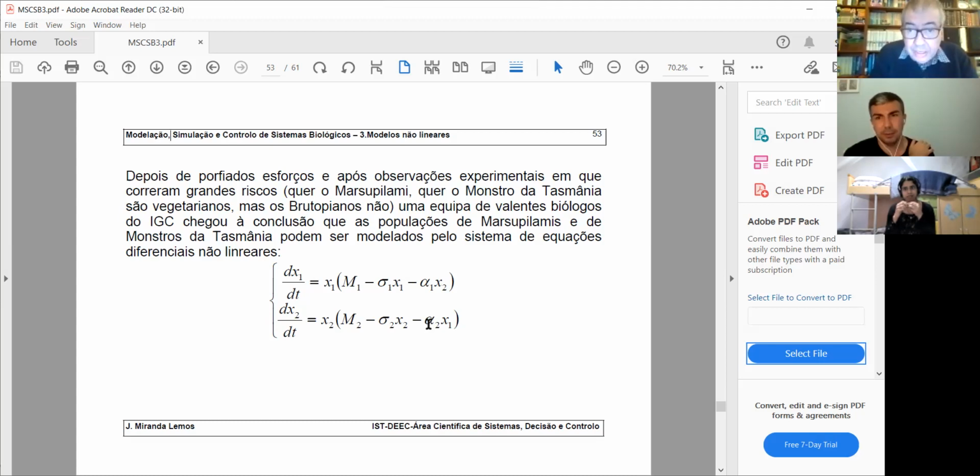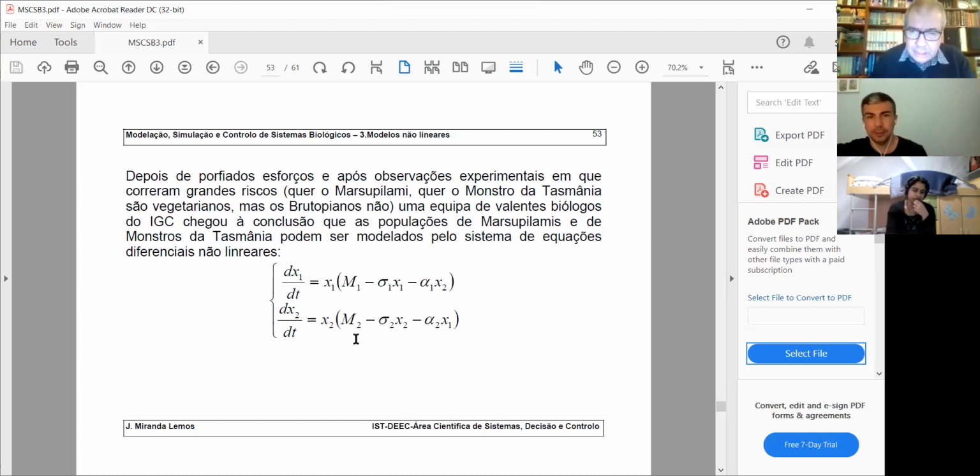The equilibrium would be 0, 0. Actually, is 0, 0 an equilibrium in these equations? I don't think so. What is 0, 0? X1 equal to 0, X2 equal to 0. Then what happens? Zero, of course, in this case, because you have 0 times something, this is 0. X2 equal to 0, this is 0.